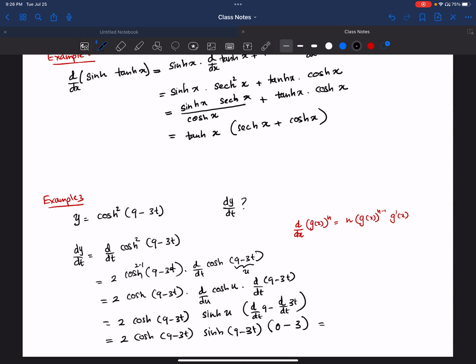So finally we get negative 6 cosh of 9 minus 3t times sinh of 9 minus 3t. If I use any other identities, I may be able to simplify this further. But if you get this far, that'd be pretty good.